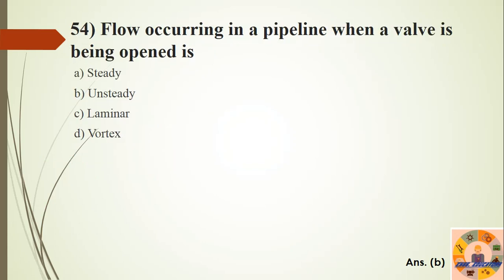Next question is, flow occurring in a pipeline when a valve is being opened is option A, steady, option B, unsteady, option C, laminar, or option D, vortex.